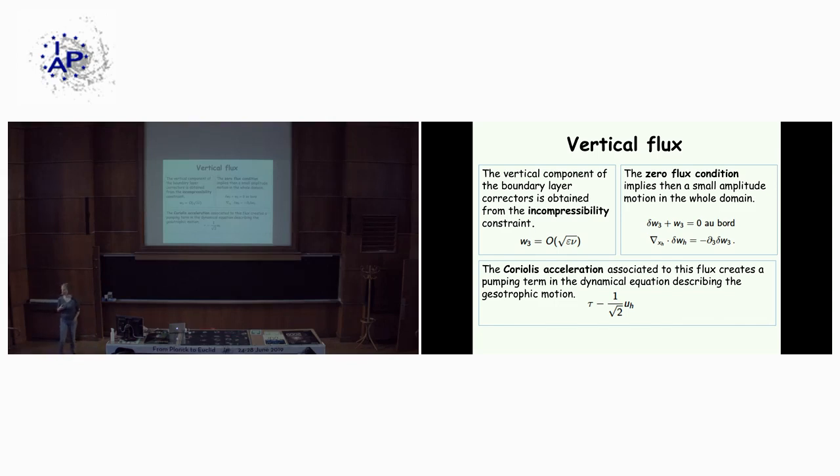This is why it's called pumping: because of the friction on the bottom, you really remove some energy from the fluid. Usually Ekman pumping is this part related to the bottom, and the part related to the wind is called Ekman suction. So you extract energy from the atmosphere and inject it into the fluid.